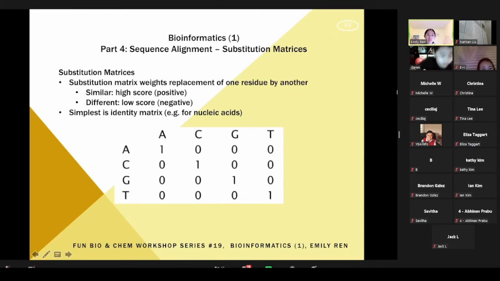And the simplest is the identity matrix. So an identity matrix is when the diagonal going from the top left corner to the bottom right corner is all 1, while the rest is 0. So that's called an identity matrix.